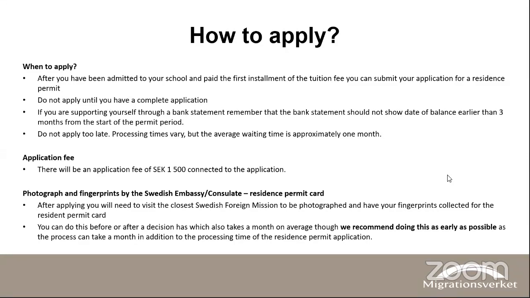However, keep in mind that it usually takes one month for the UT card to be produced, so we recommend that you do this as early as possible. So the total processing time for a residence permit application is approximately 2 months.